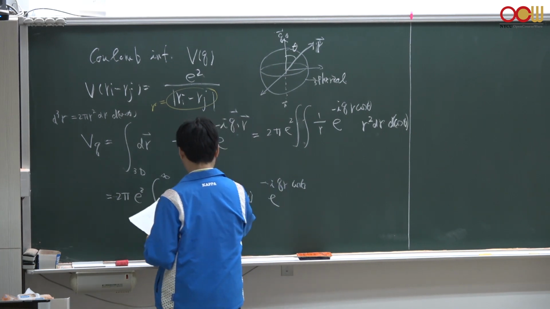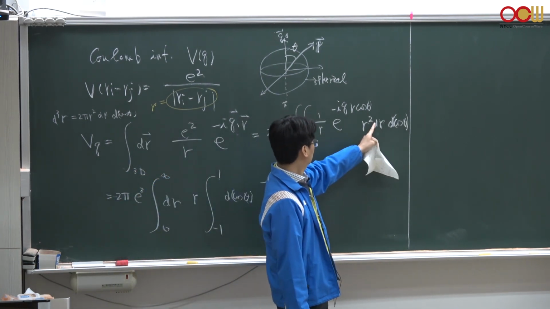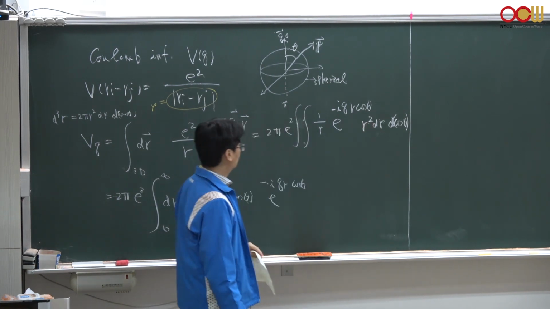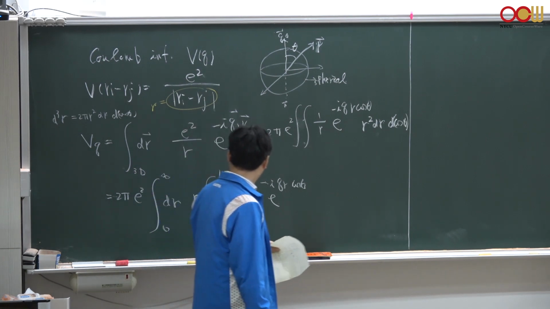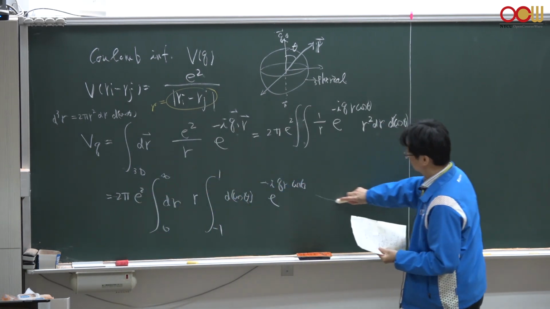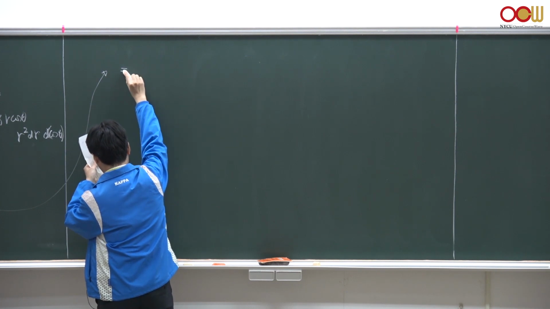And there's r. Right? So you cancel this r in the denominator by the r squared in the numerator, so you get a factor of r remaining. So I can rewrite this integral in the following form.